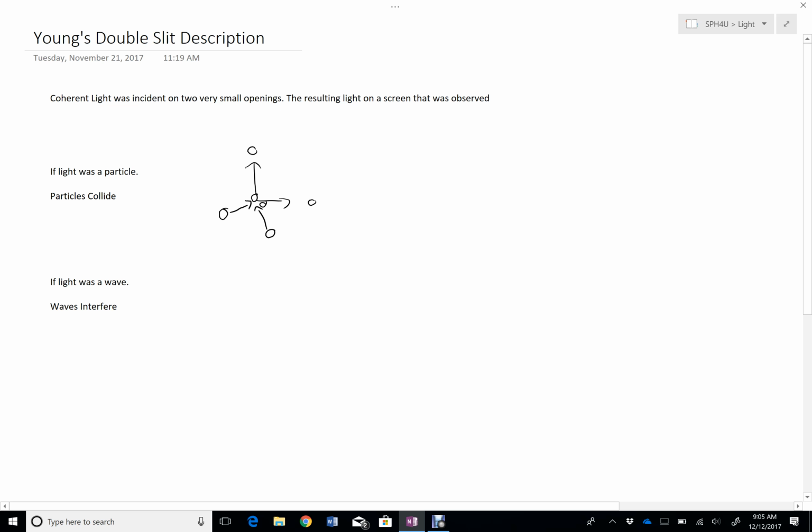Alternatively, when two pieces of a wave try to occupy the same point in space, so they're waving along till they get to this point here, x, then at this point the waves interfere. That means the resultant wave is the sum of the two waves.